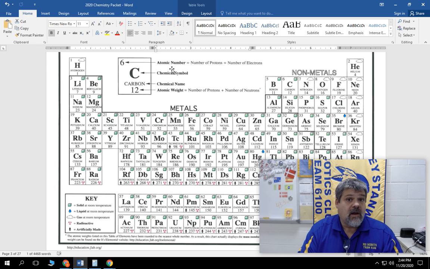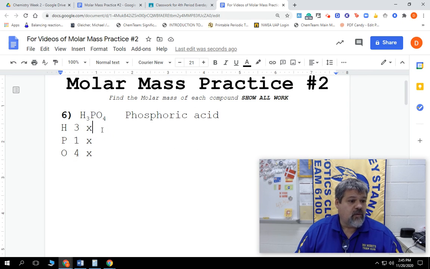I know all of them again, but they're all pretty simple right here. Hydrogen's right here, phosphorus is right here, and oxygen's right here. So we have 1 for hydrogen, 16 for oxygen, 31 for phosphorus. So let's go back and put those in. So hydrogen was 1, phosphorus was 31, and oxygen was 16.